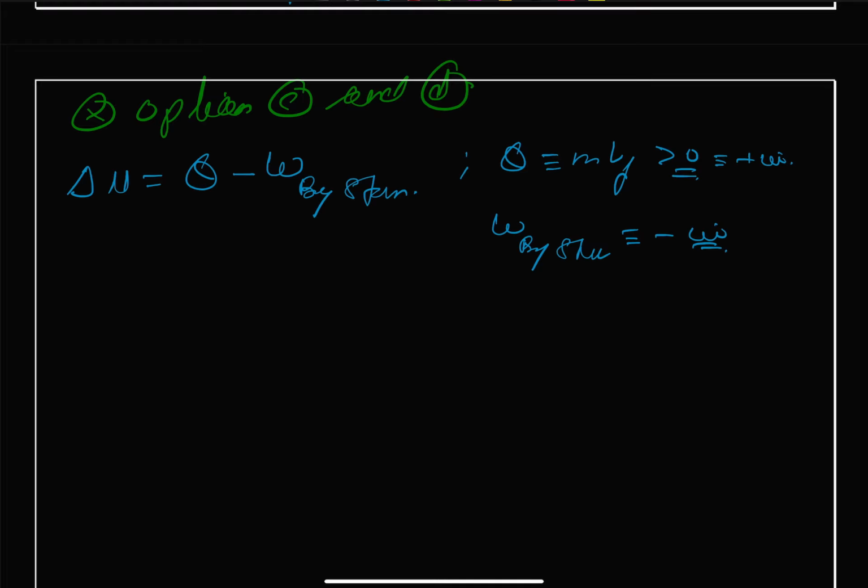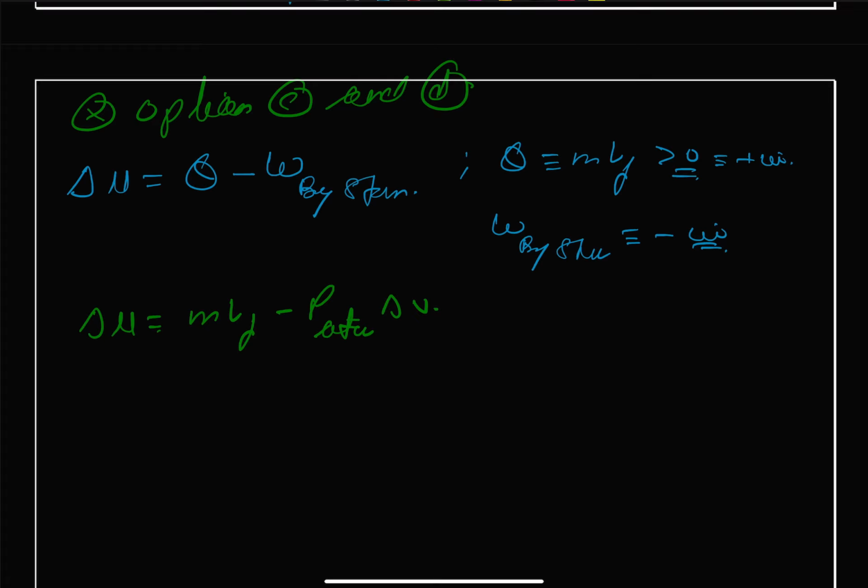Therefore, if we substitute it, we get that our delta of U is equal to, this comes as M times LF minus, and we can write the formula that is P atm and our delta of V. Okay.